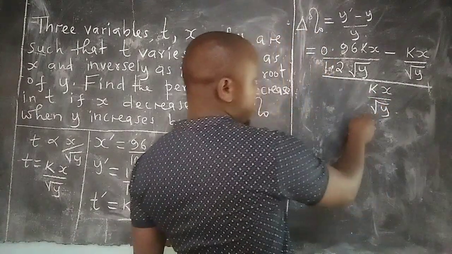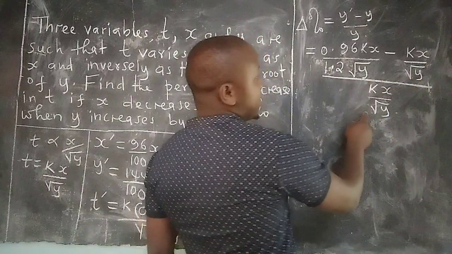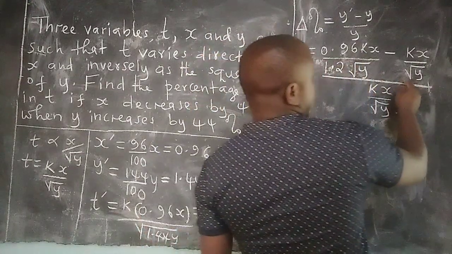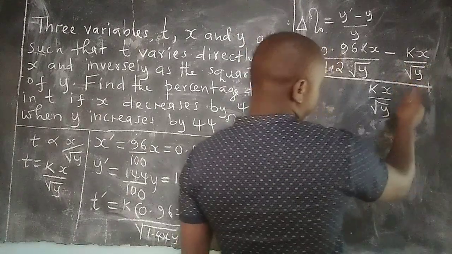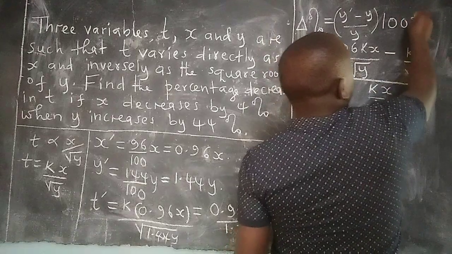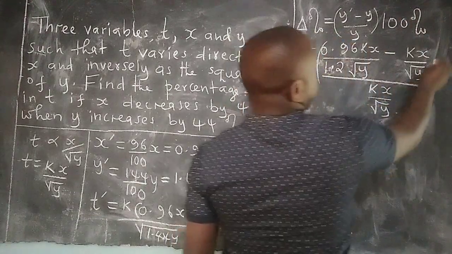Therefore, we take the new t which has been changed and we subtract the original t, then we divide by the original, and we express this one as a percentage because we are talking of percentage change.